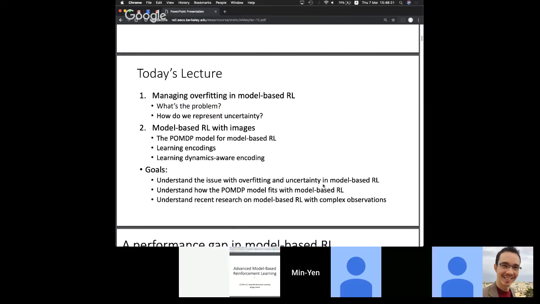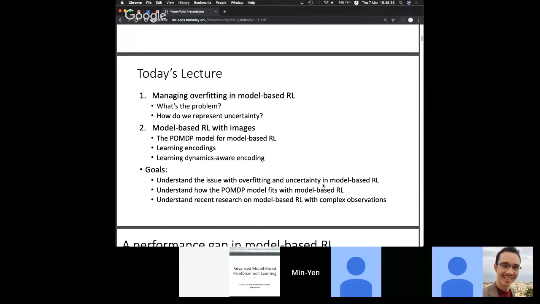We'll first talk about how overfitting bothers model-based reinforcement learning. What's the actual problem, how can uncertainty creep into these models, and how do we fix it? We'll also talk about model-based RL with images, because if you remember, there is a clear distinction between state and observation.